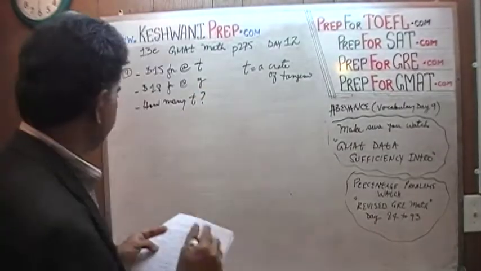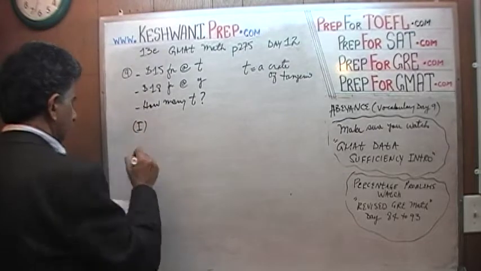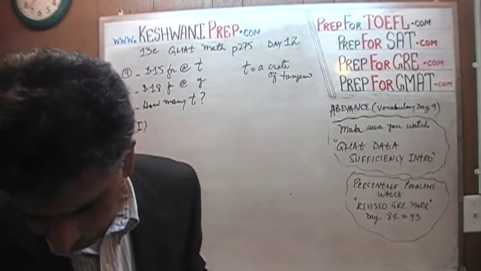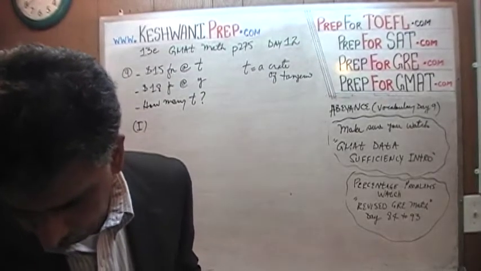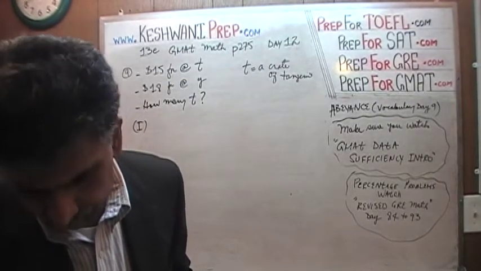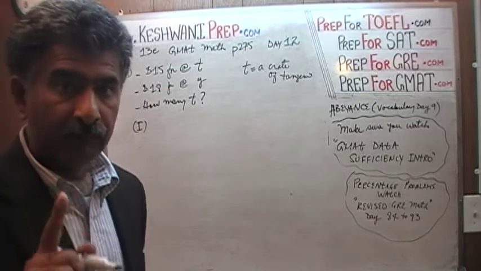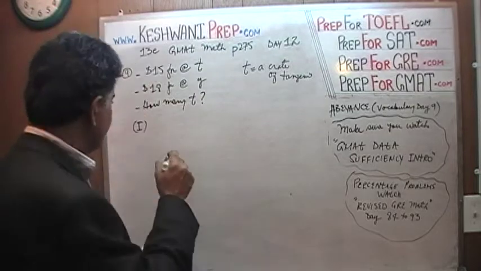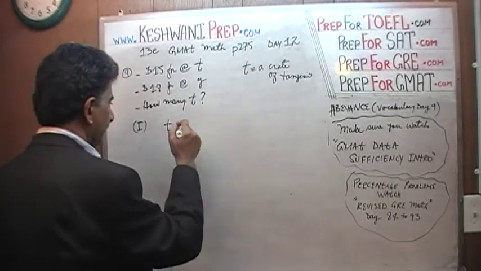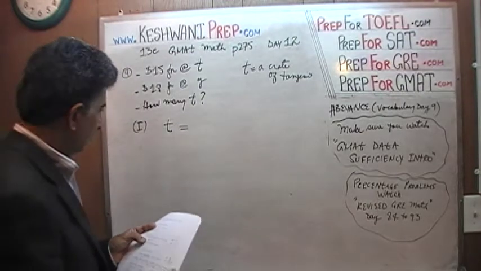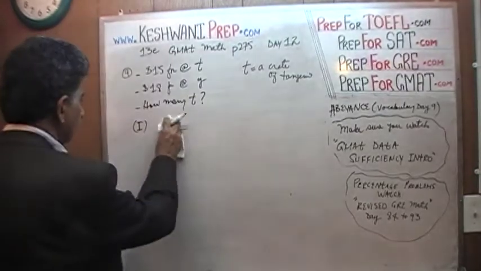Let's look at the first statement. In the first statement they tell us the number of crates of oranges that the grower shipped last week, which is our T. Let's write it down in words first.